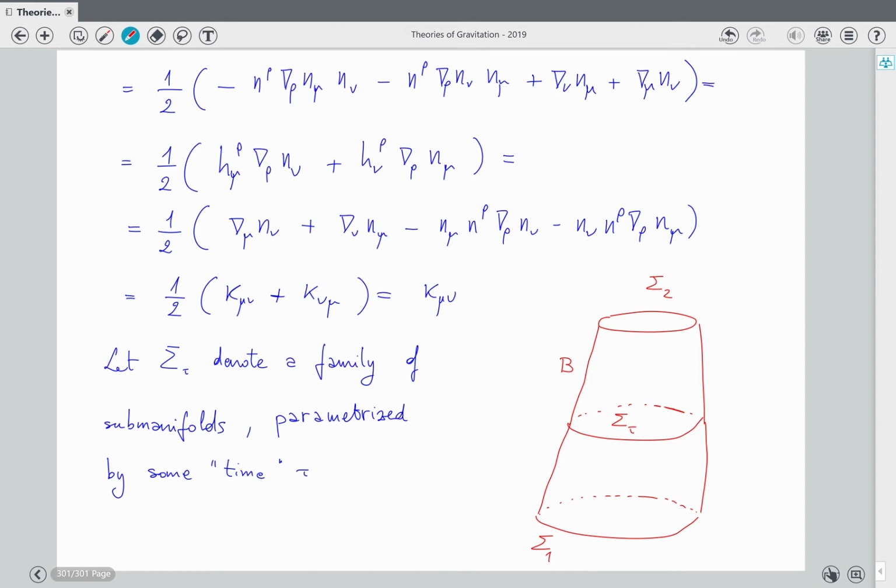And we will have points. Every point here we will see as flowing, P1, a point in sigma 1, flowing to a point in sigma tau, and then to a point P2 in sigma 2.